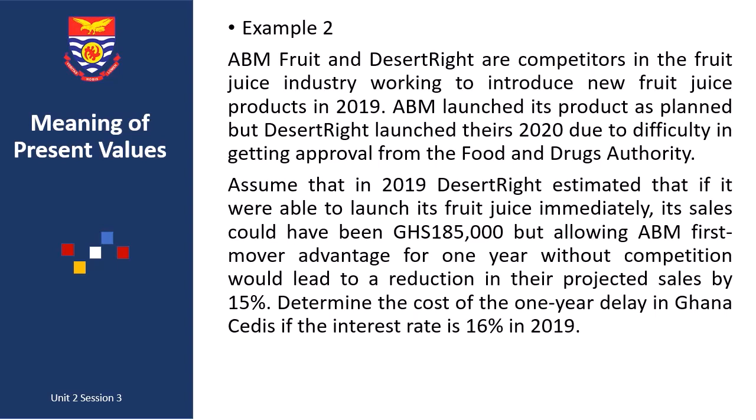Let's continue. But allowing ABM first mover advantage for 1 year without competition will lead to a reduction in their projected sales by 15%. So it's trying to mean that because Desert Right couldn't launch the product in 2019, but ABM was able to launch it in 2019, ABM now has a first mover advantage.